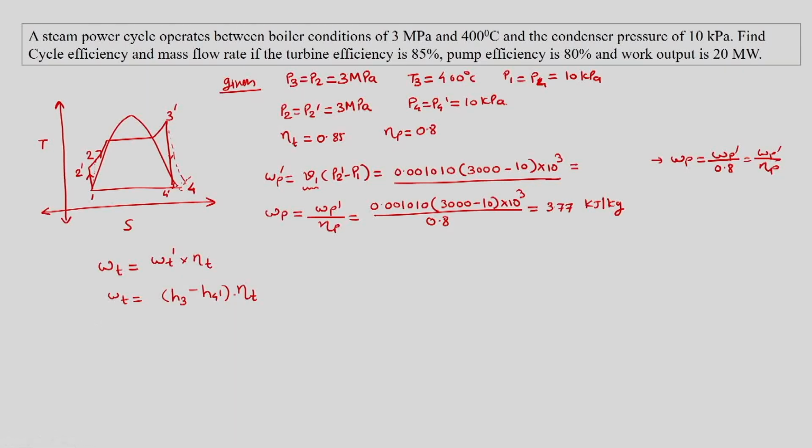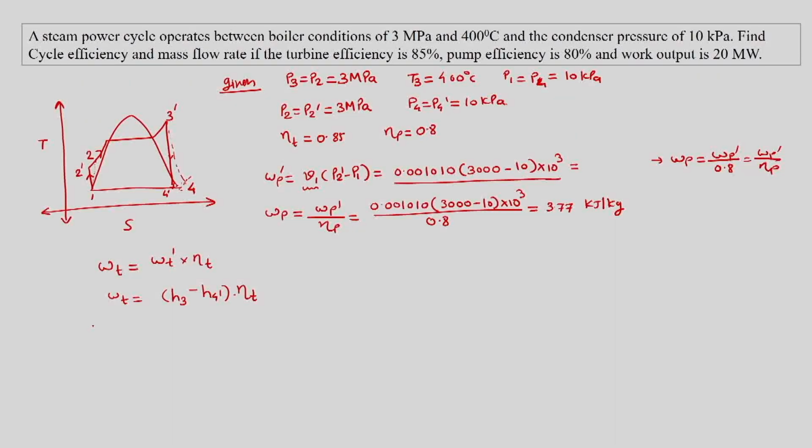We go to the conditions 3 megapascal, go into the superheated part and see the temperature 400 degrees Celsius, and we can get H3. This turns out to be 3230.9, in the superheated part corresponding to 3 megapascal and 400 degrees Celsius.